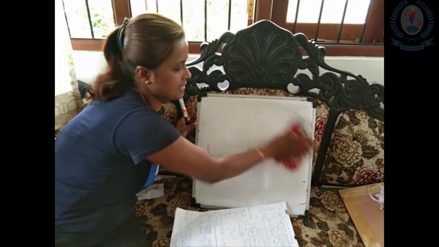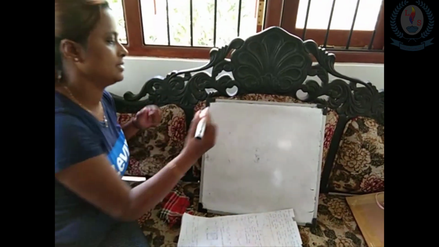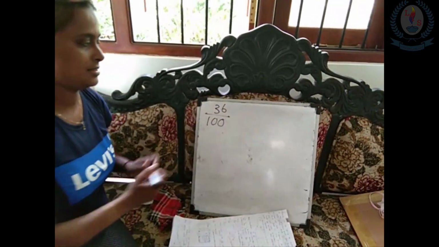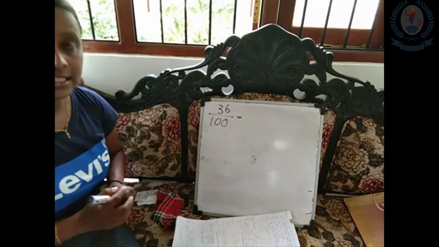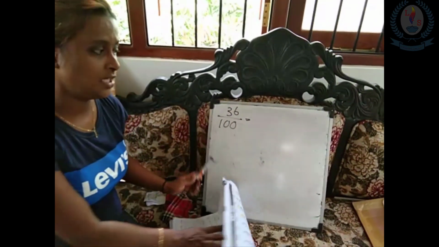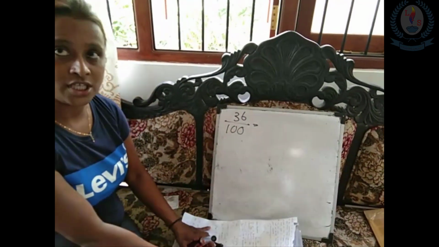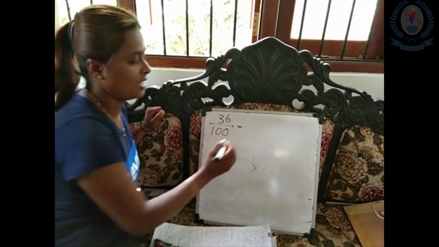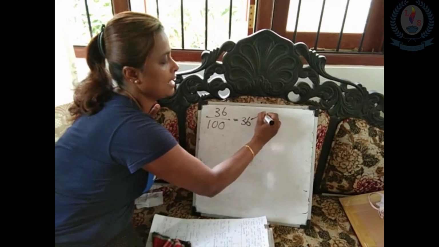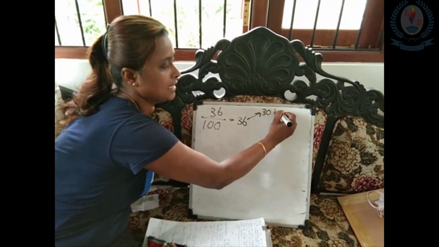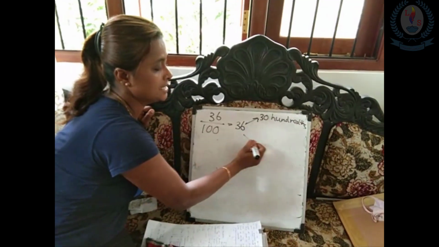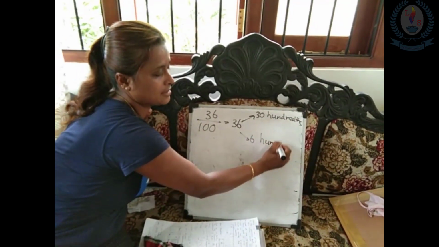We will take another example. Look at this: 36 hundredths. Now I am going to write this as a decimal without using the place value chart. This 36 we can break into 2 parts: 30 hundredths and 6 hundredths.